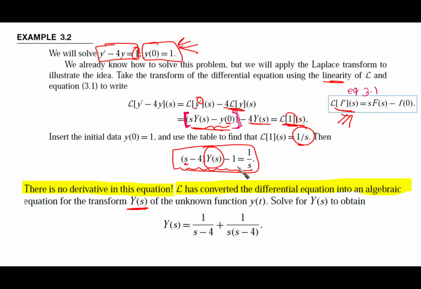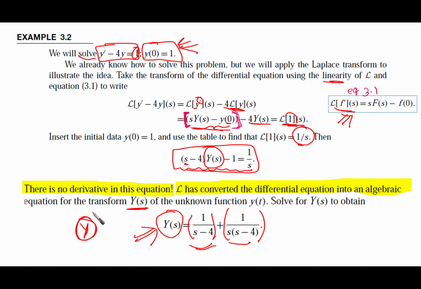Now we're going to rearrange Y of s, put it on the left hand side alone, and put the two terms on the right hand side, as you can see. Now remember, this is the Laplace transform of the function. We want to solve our main differential equation, which means that we want to obtain lowercase y.